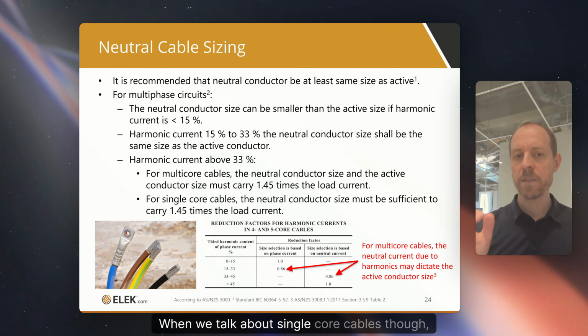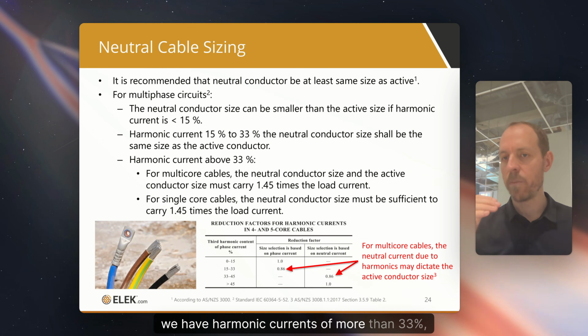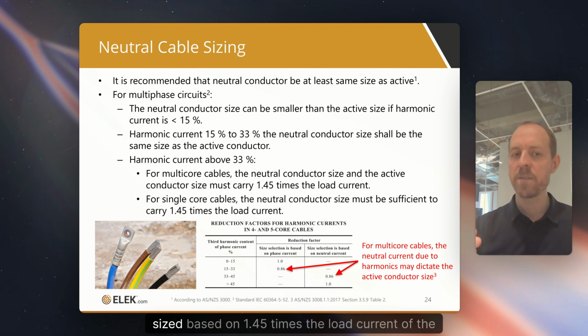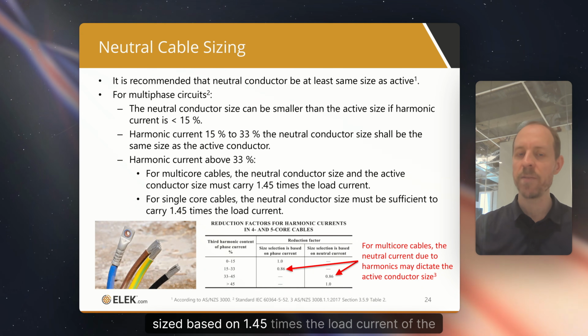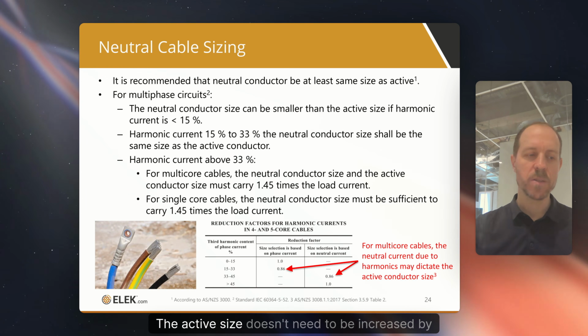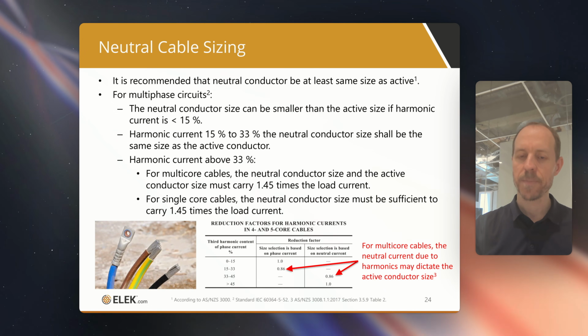When we talk about single core cables though, when we have harmonic currents of more than 33%, the neutral size must be sized based on 1.45 times the load current of the phase conductor. The active size doesn't need to be increased by this factor.